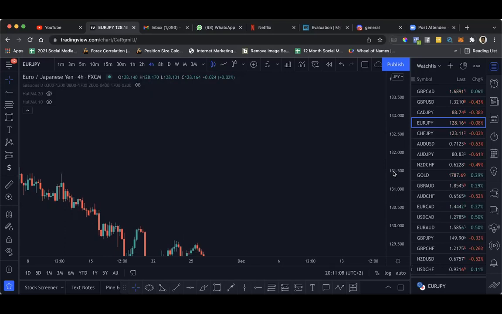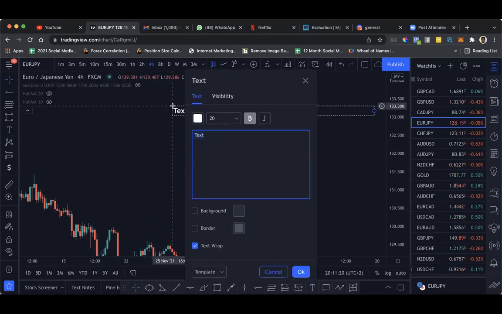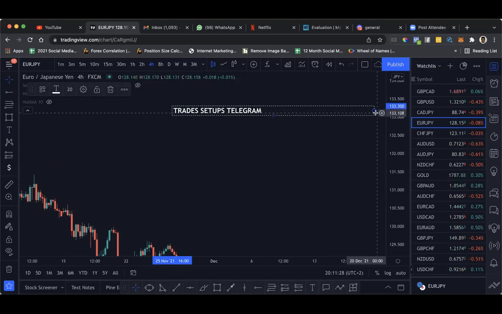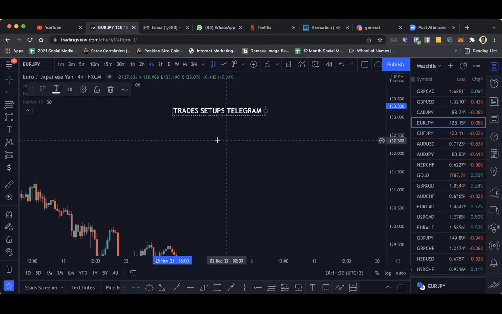So the first thing I want to talk about tonight is access to the trade setups group. Now, to make it easier for us to enter analysis, we created a separate trade setups Telegram group, whereby on that particular group, I'll be sharing setups and entry confirmation.